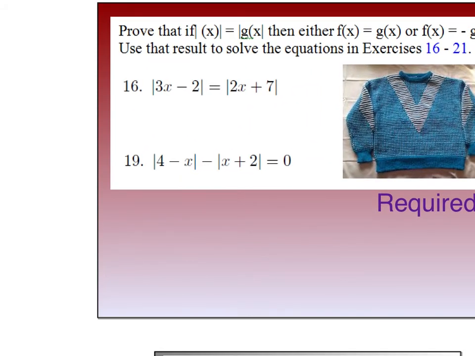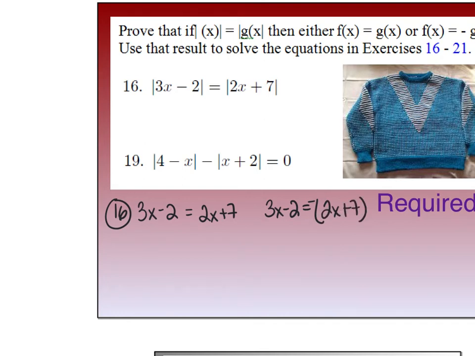So for 16, if we have the absolute value equal to an absolute value, we're trying to see how many times they intersect, right? So if you were to take 3x minus 2 and set it equal to a positive 2x plus 7, and then you set up another case, negative 2x plus 7, okay?